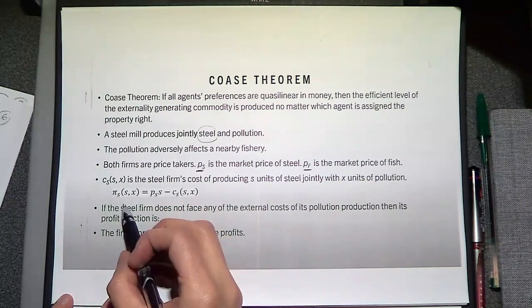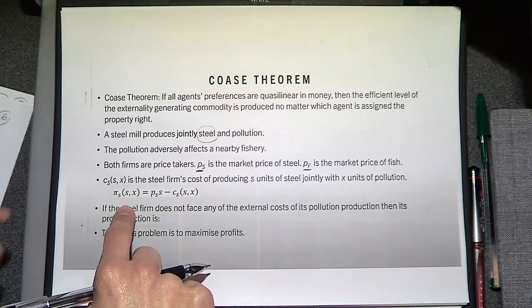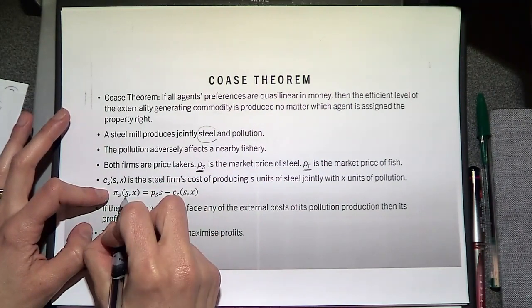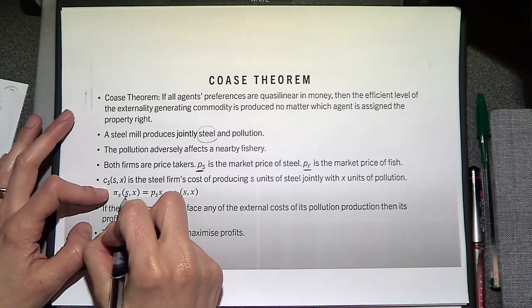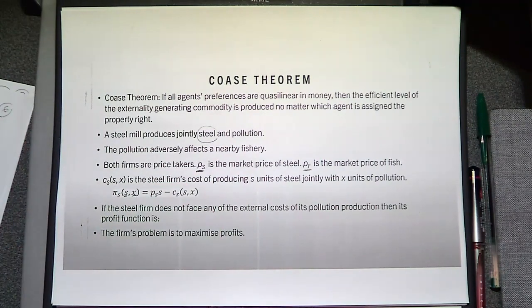Assuming that both of them have a cost, okay, the profits for the first firm, which is the steel, will depend on its production in terms of steel that they produced, and then the units of pollution. So pollution comes into its profit like a good, okay, that they produce. It is not going to be a bad good for them.